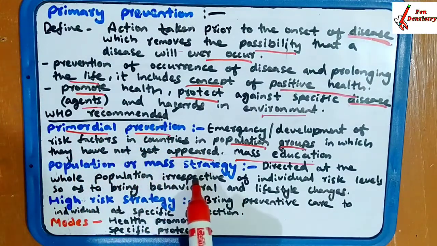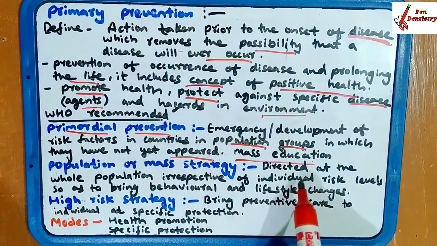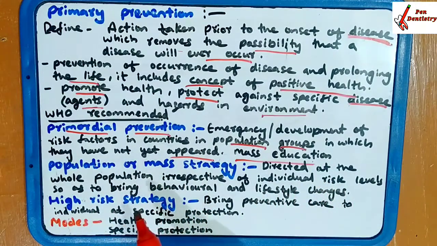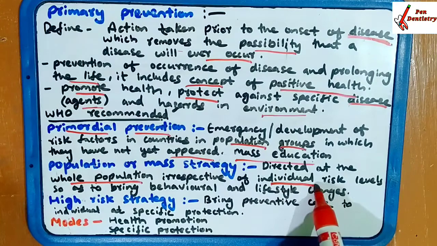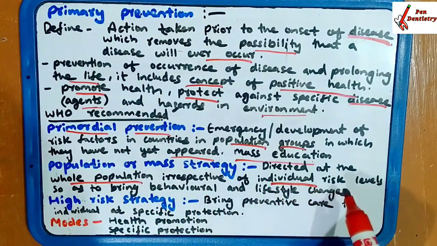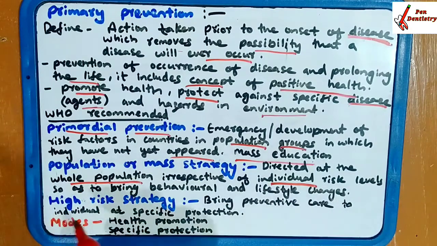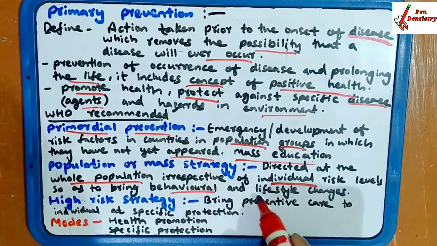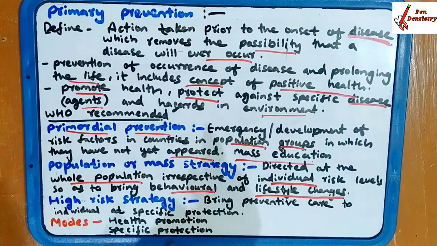Population or mass strategy is directed at a whole population. That is, prevention is given to the whole population rather than to individuals, irrespective of individual risk level, so as to bring about behavioral as well as lifestyle changes.